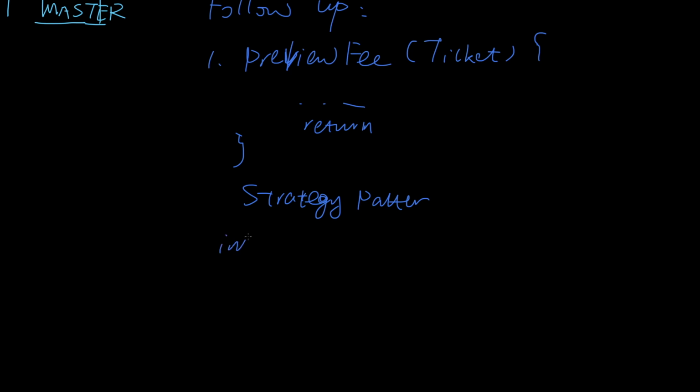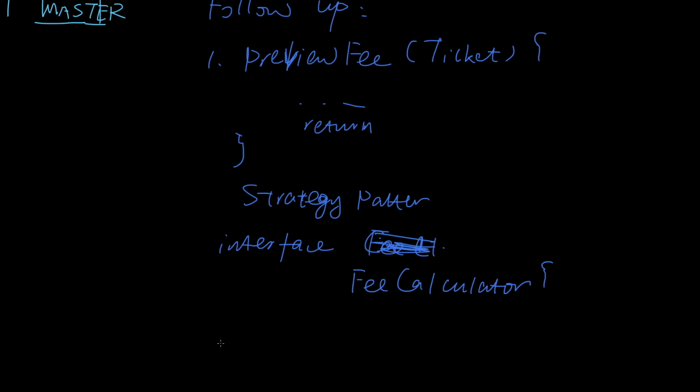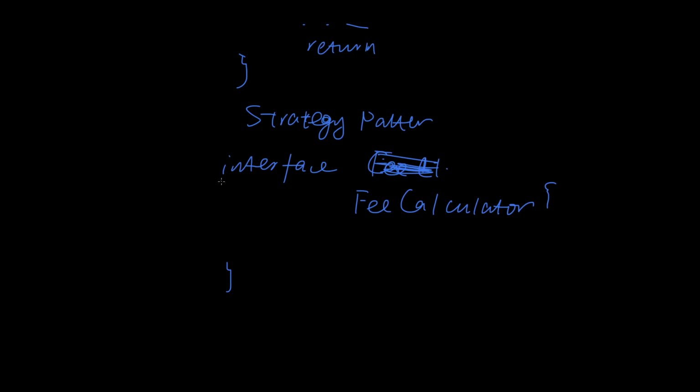We can define an interface called the FeeCalculator, because we know for sure that these things might change frequently. Maybe when the system starts at the very beginning, we have the simple way. So the FeeCalculator will have a double as the return. We want to calculate the fee and the estimate.